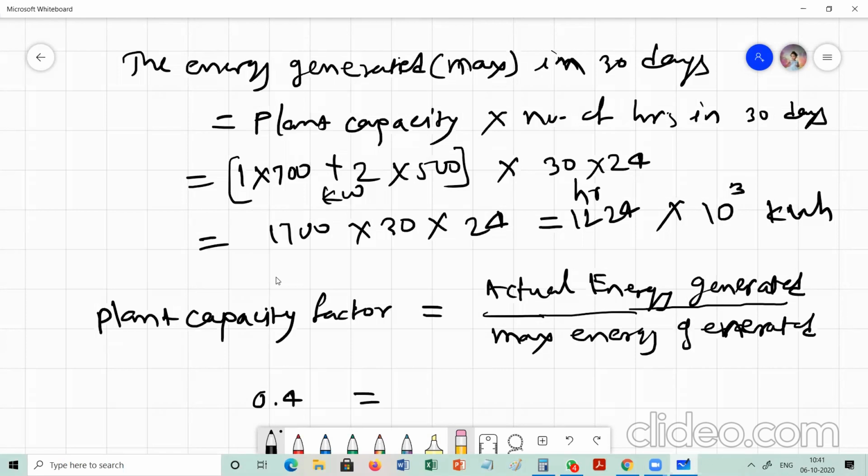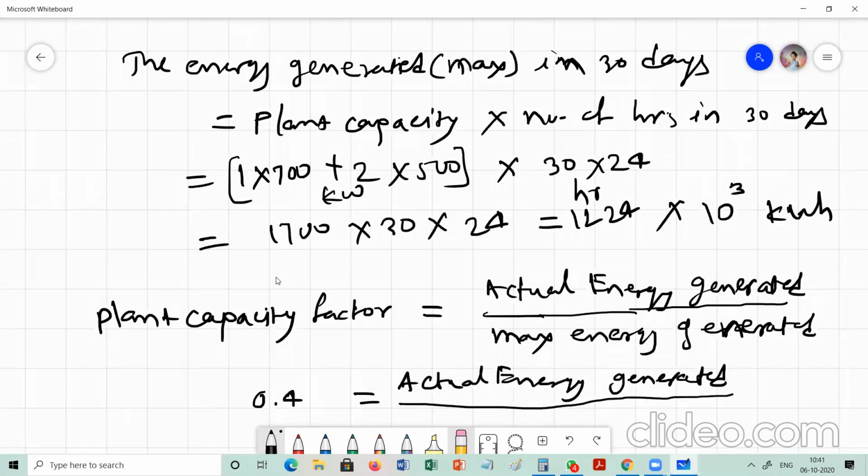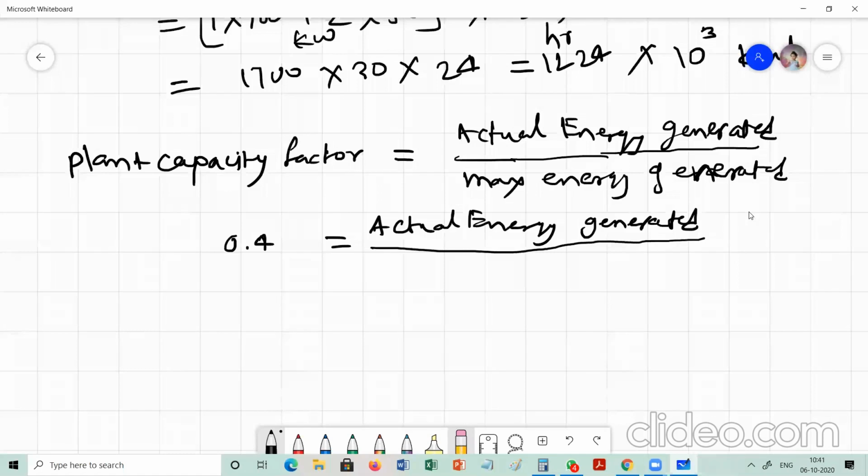It is equal to the actual energy generated, which is the unknown quantity, and the maximum energy generated we have calculated, which is 1224 into 10 raised to 3.